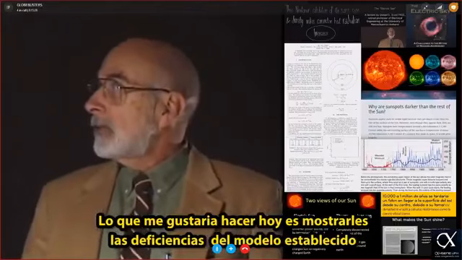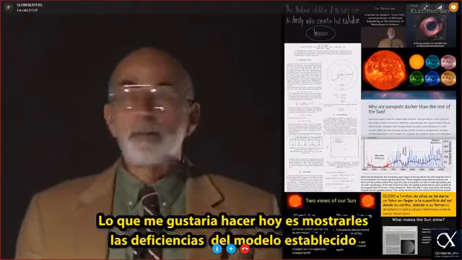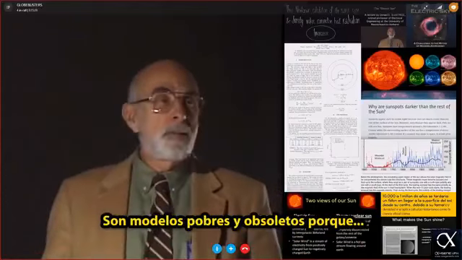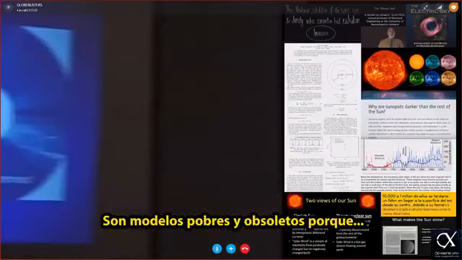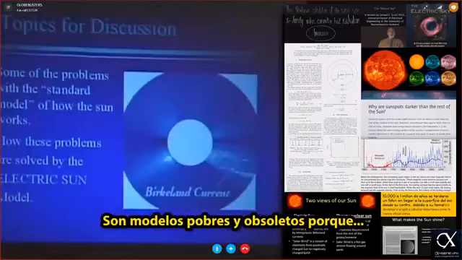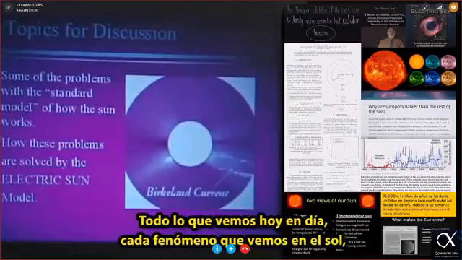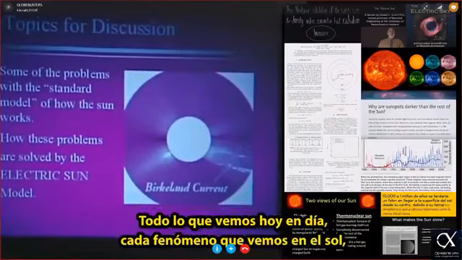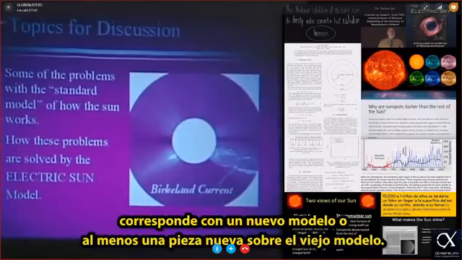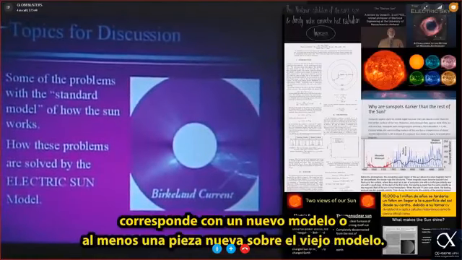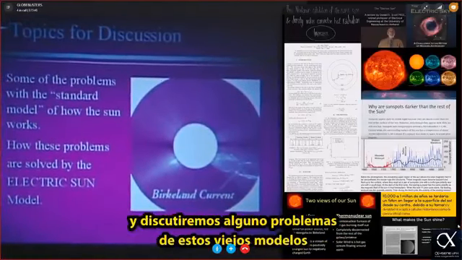What I'd like to do today is to show some of the problems of the so-called standard model. That word model should be plural, models, because for every phenomenon that we see in the sun, there seems to be a new model, or at least another patch on the previous existing model.